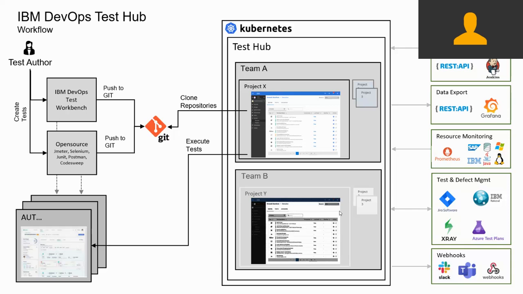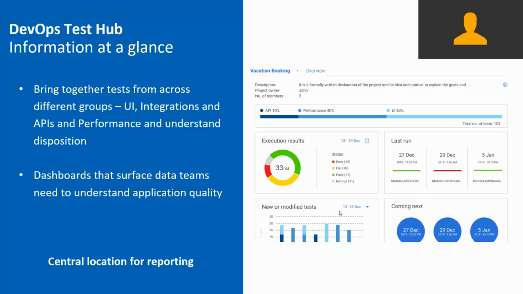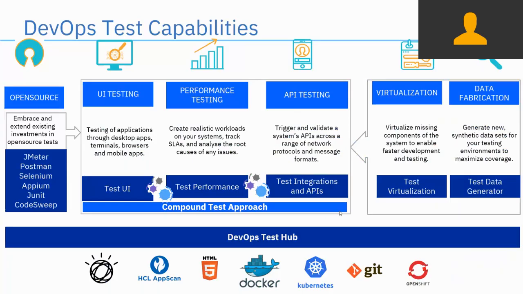And another one is to be able to have direct connection with webhooks like Slack or Teams, and provide information about execution or result of an execution of a test directly to a team. And on the DevOps Test Hub, we have all the information at a glance, where we bring all the tests together, and we have a dashboard to surface all that. So it's a central location for reporting.